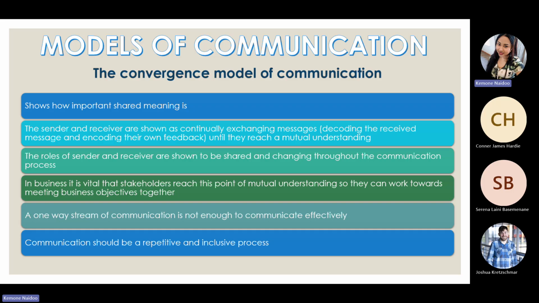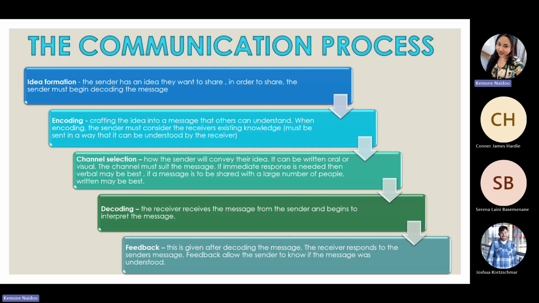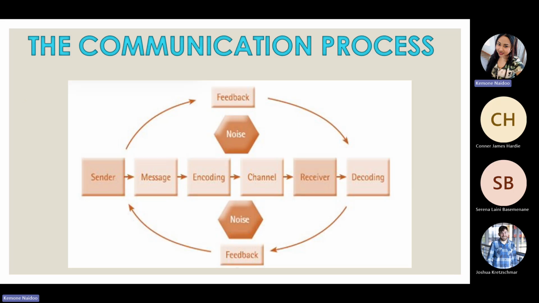Okay, so from this, we can look at our communication process. I just want to give you a general overview. You have a sender, and the sender encodes a message.